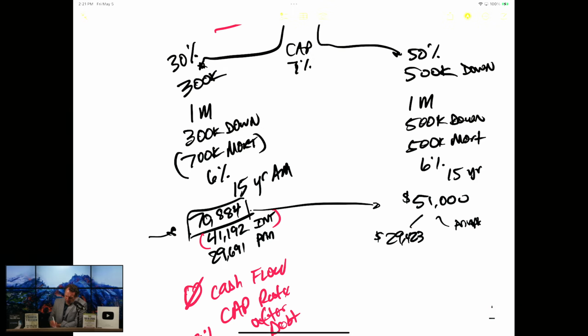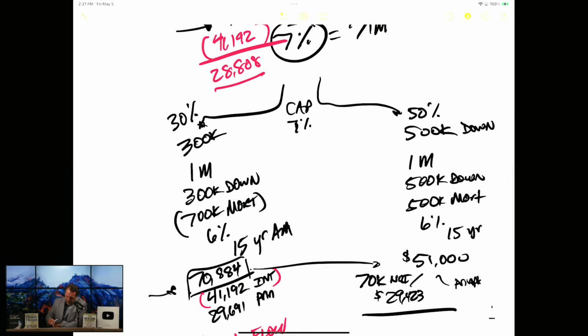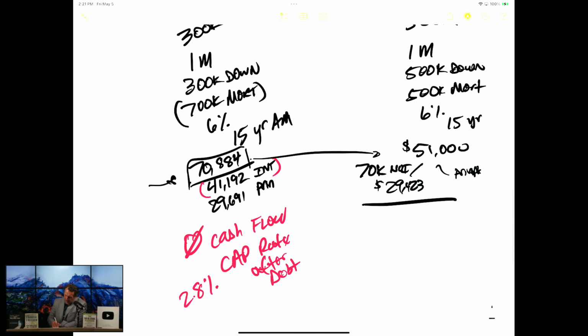So now, if I look at my NOI, this is pretty cool. My NOI is 70,000. So you can see how these numbers get tricky. That's what I'm going to make after my direct expenses, minus my interest expense.